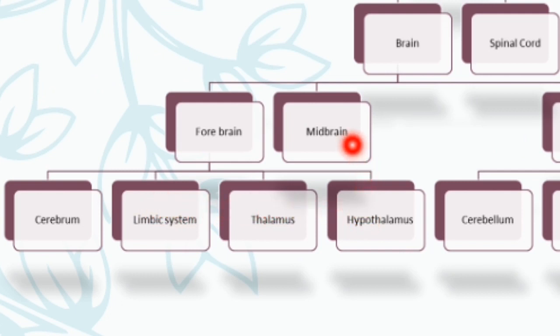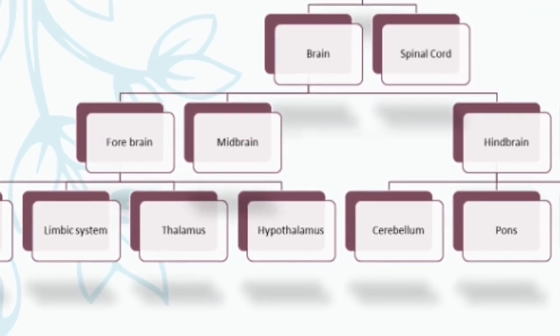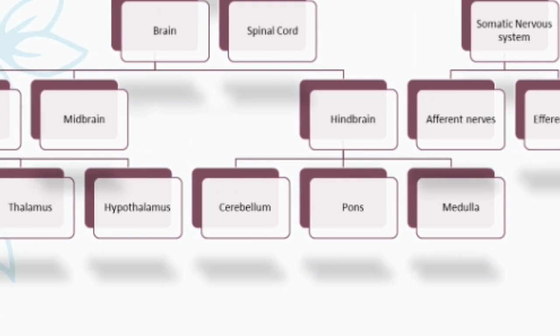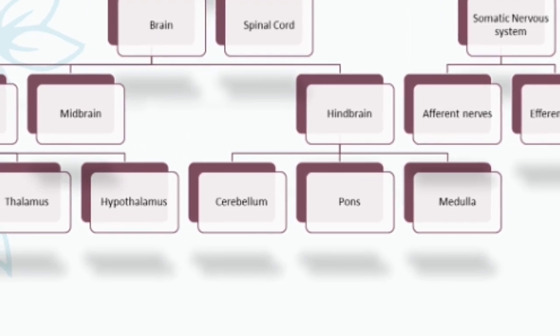The midbrain has no such divisions, but we have discussed the reticular formation under the topic of midbrain as well as under the topic of hindbrain, and we've also discussed the reason why. Now, the hindbrain has further divisions, that is cerebellum, pons, and medulla.